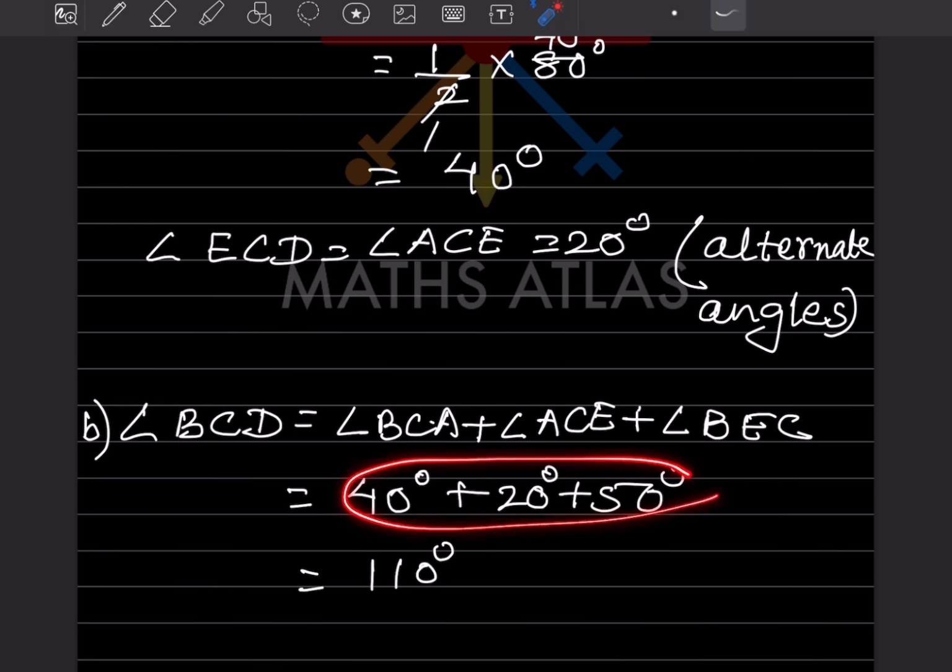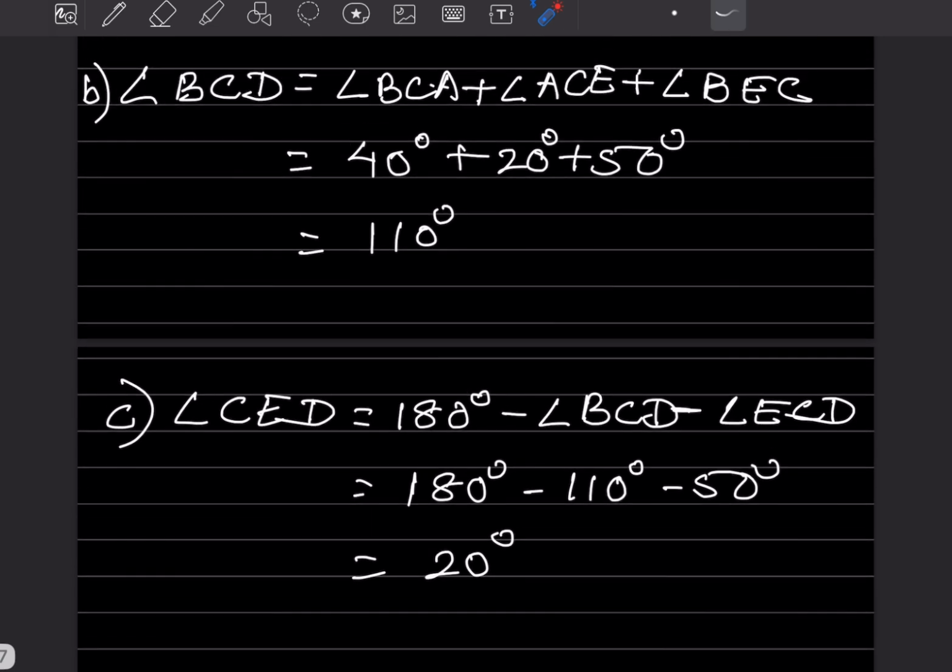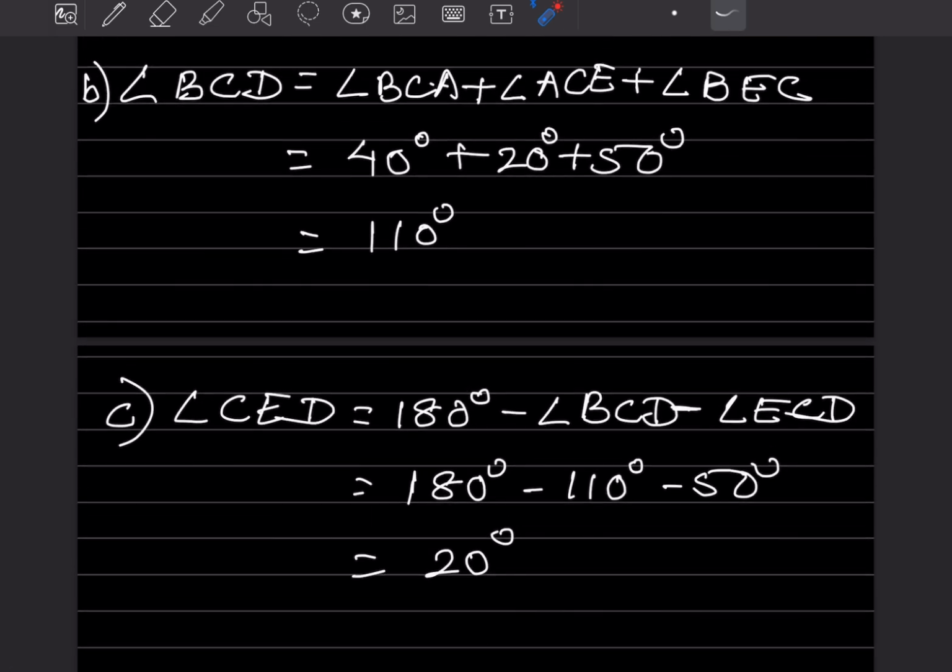So this together, that is going to be 110 degree. Now we want the angle CED. So angle CED will be 180 minus this BCD minus angle BEC. So 180 minus BCD is, we got this as 110 minus this 50 degree, which is going to be 20 degree.